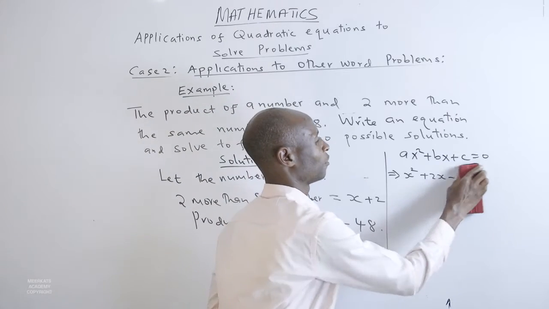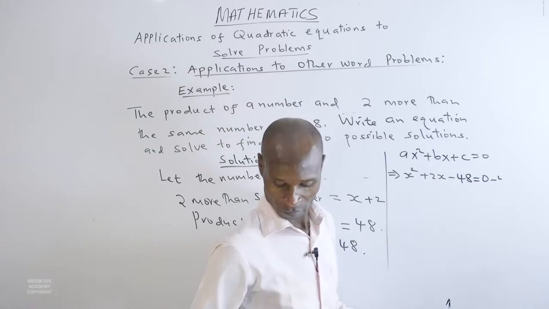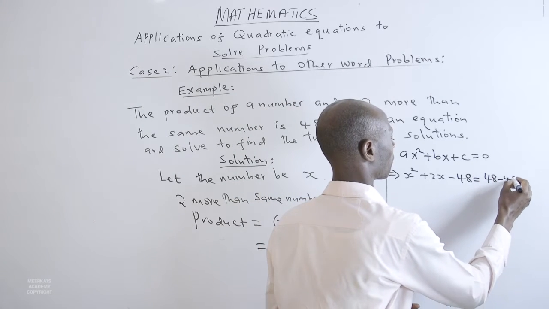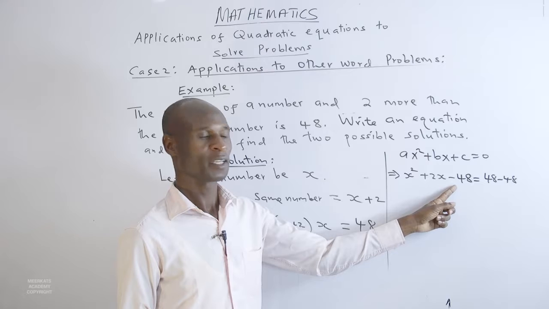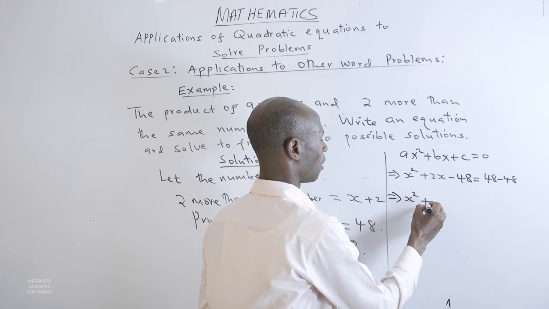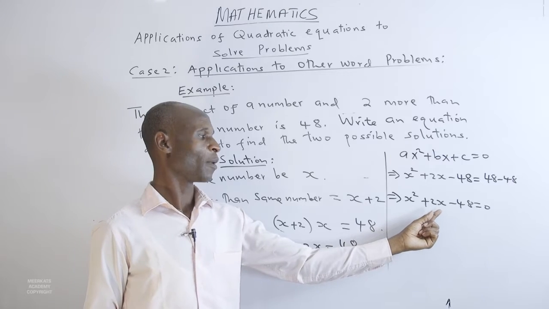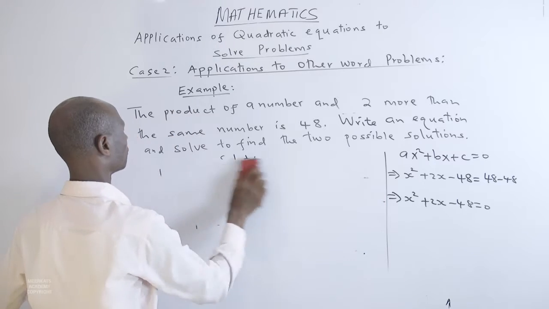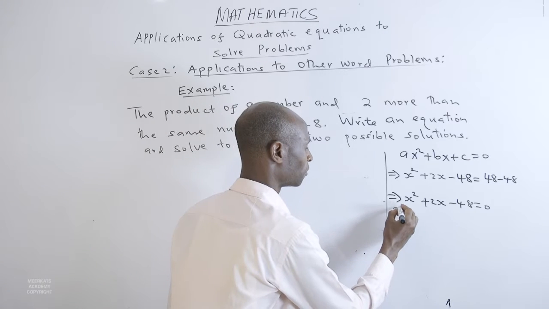So x squared plus 2x minus 48 equals 48 minus 48, which simplifies to x squared plus 2x minus 48 equals 0. This is the required equation.